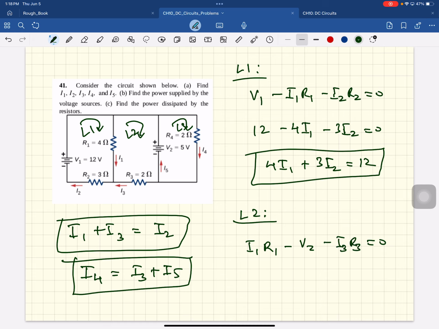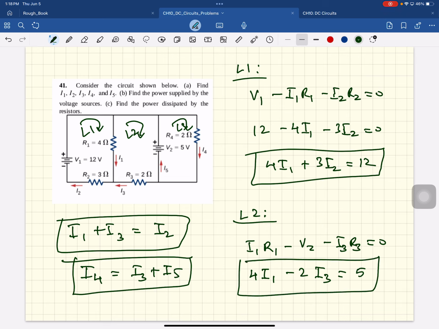So 4 I1, and I'll bring the V2 on that side. And minus I3 R3, minus 2 I3, equal to 5 volts. So equation 1, 2, 3, 4.